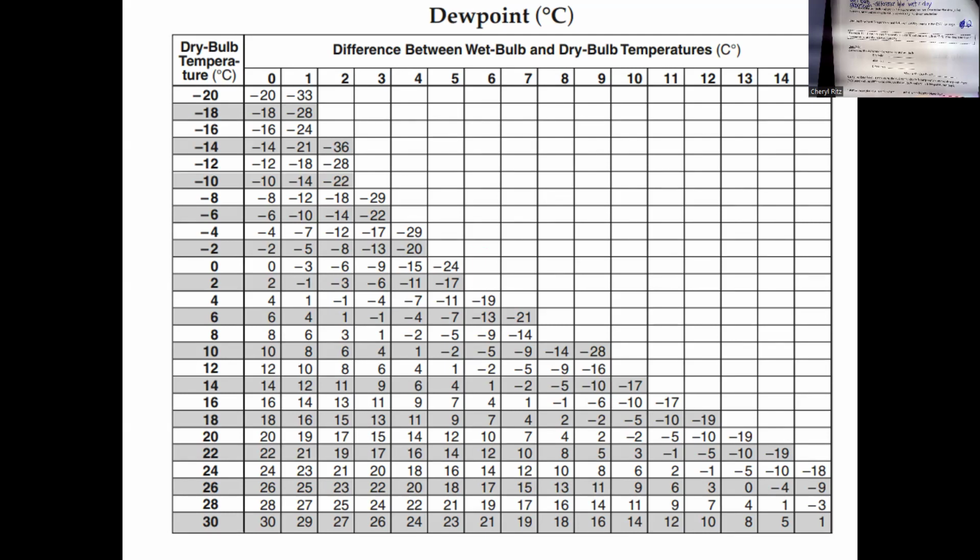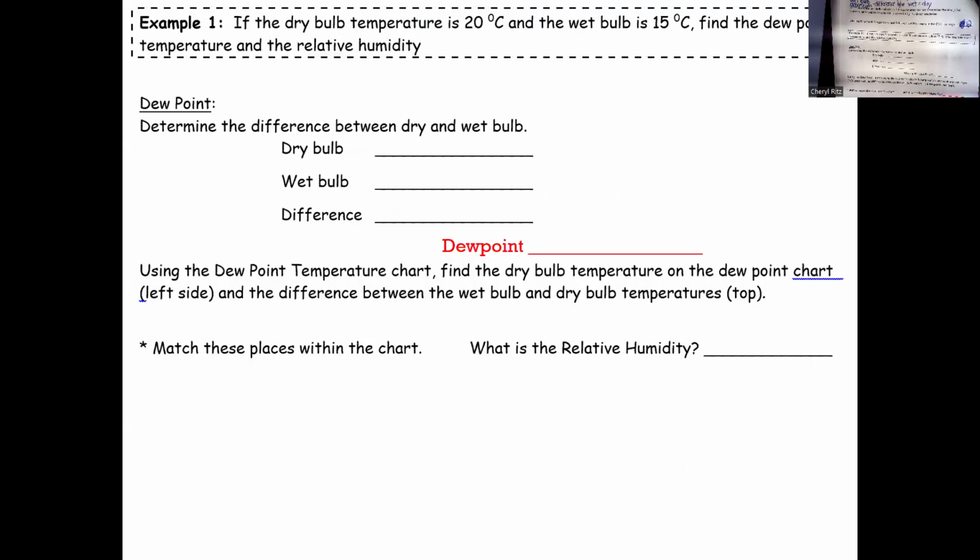You point to 12. If you had done 15, you would have gotten over into one of these white spots. If you ever get into a white spot, that is your guarantee that you did something wrong. Not all of them will give you a white spot though, so you might just end up with the wrong answer if you don't subtract at the top. So the dew point in this case should be 12 what?